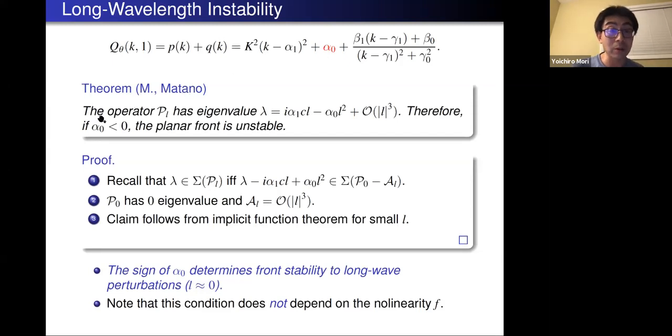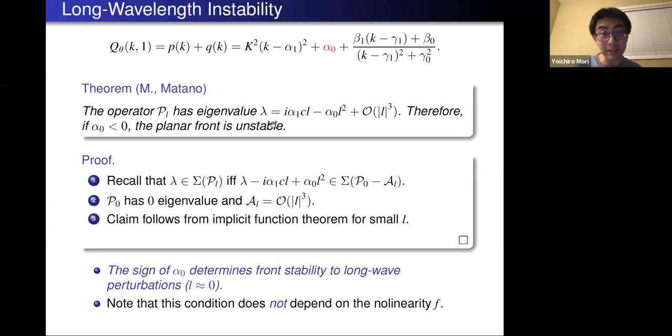What we can show is that the principal eigenvalue of the operator PL is given by lambda equals I alpha 1 CL, with alpha 1 and C being real, minus alpha 0 L squared plus order L cubed.